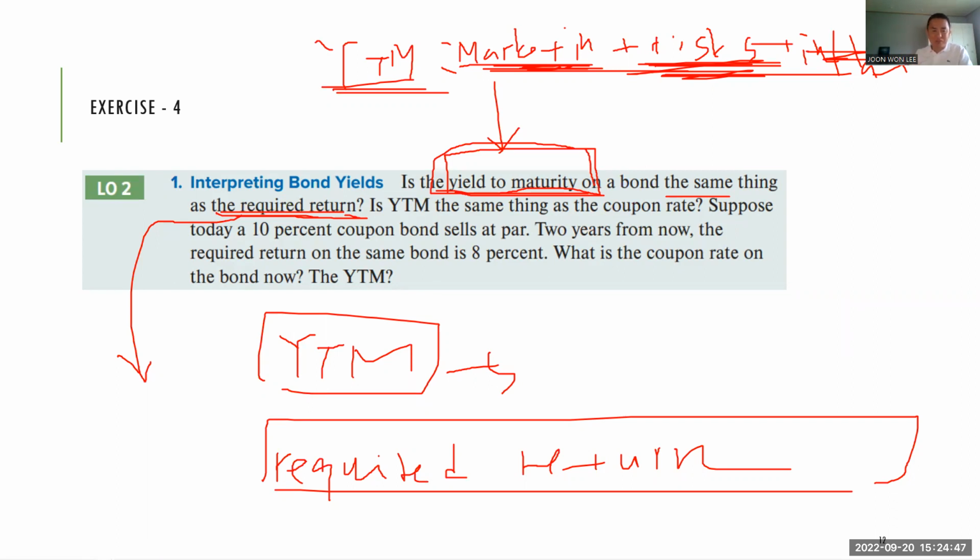Two. If you don't understand, please raise your hand immediately. Don't be shy, okay?